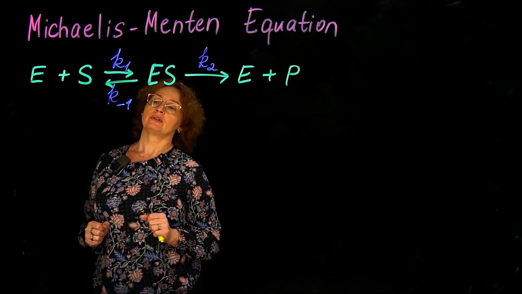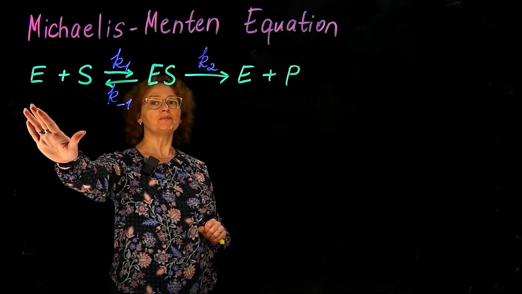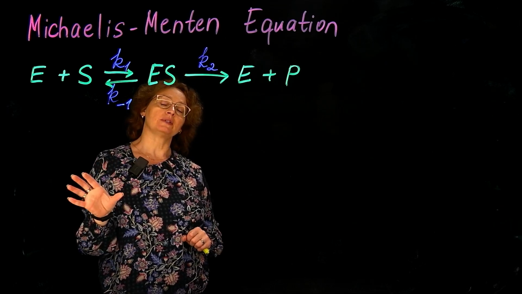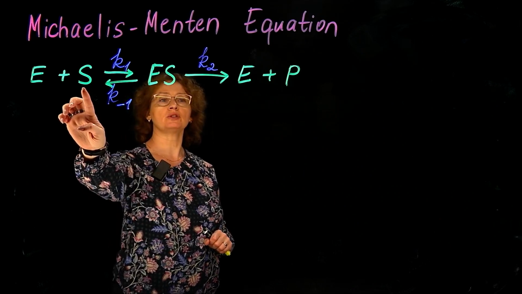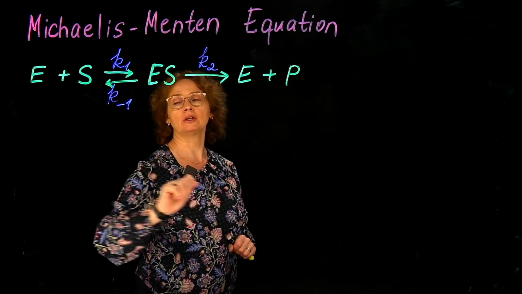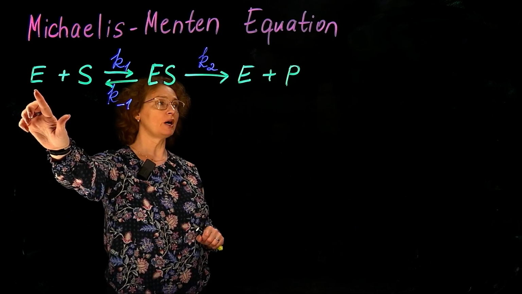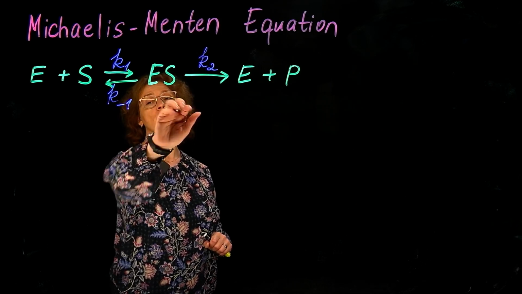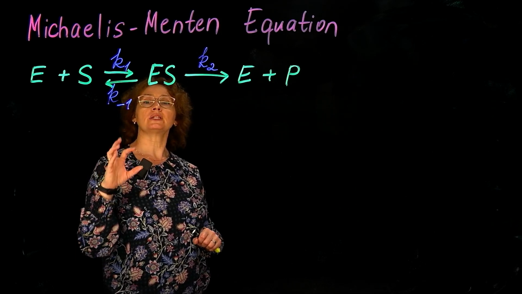In order for us to derive this equation, we need to focus on what is going on when this enzyme catalyzes conversion of substrate S into the product P. So first, substrate needs to be bound in the active site of the enzyme to form enzyme-substrate complex. And this process is at equilibrium.